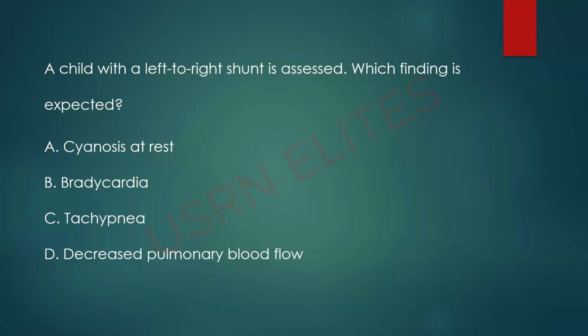A child with a left to right shunt is assessed. Which finding is expected? A. Cyanosis at rest. B. Bradycardia. C. Tachypnea. D. Decreased pulmonary blood flow. Should you get this question on the NCLEX, what will you choose?